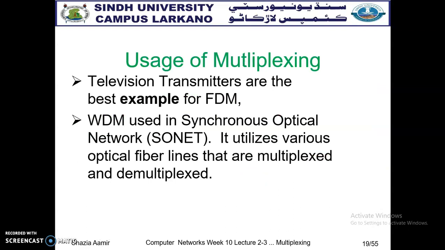So what are the usages of multiplexing? As we know, multiplexing is a technique which transmits the data. Television is a suitable example for this. The television transmitter is used as a best example of frequency division, and for wavelengths, the synchronous optical network or SONET uses the wavelength division multiplexing technique to utilize various optical fiber lines that are multiplexed and demultiplexed.